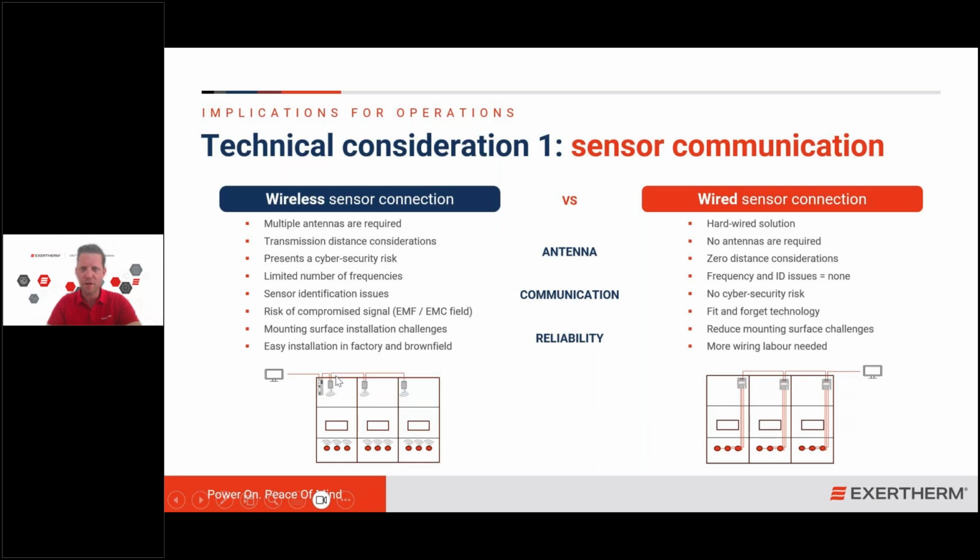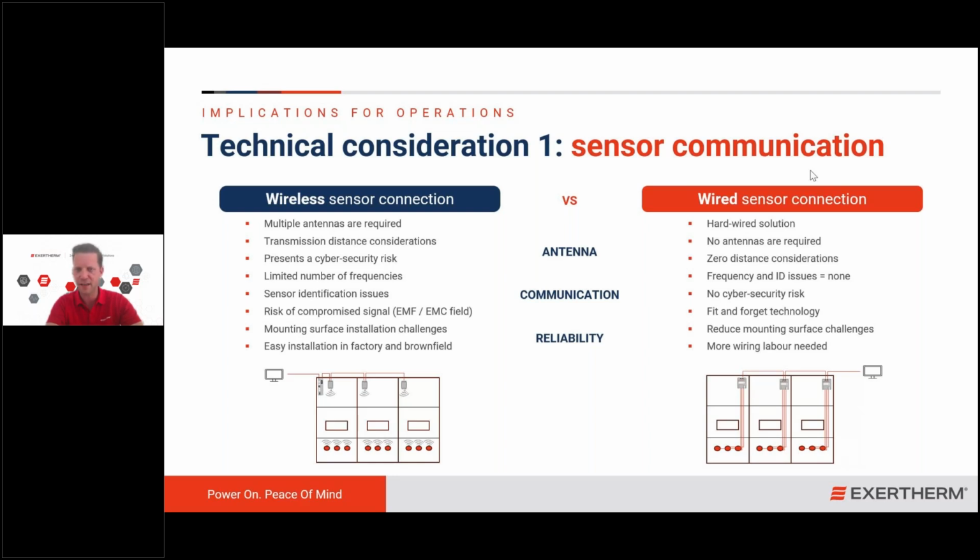and then programming them to speak with the antennas accordingly. On the other hand, when it comes to wired sensor connections, it's a hardwired solution, so no antennas are required, and there are no distance considerations or communication considerations with regards to frequency or sensor identification that need to be regarded. When things are hardwired, there's no cybersecurity risk.